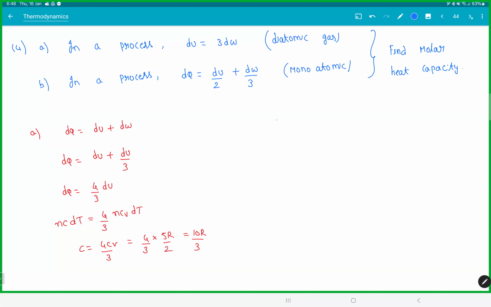See, so dQ is dU plus dW. So dW will be 3 times dQ minus dU by 2. Expand this. So basically, I took dW from here and I substituted there. Let me write down one time for you. So take this guy and put it in this.